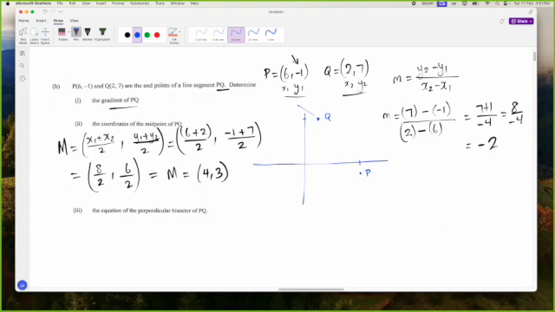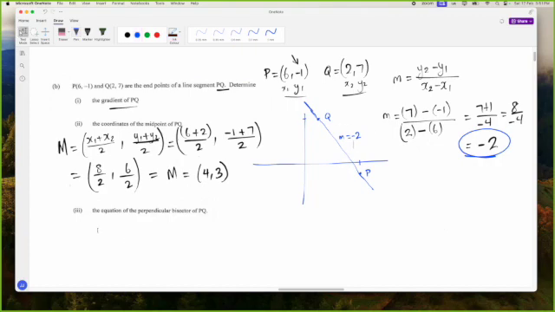So we could see this line coming, and we could have expected that line to be looking like that, because the gradient is negative. So remember, M is negative 2, right?